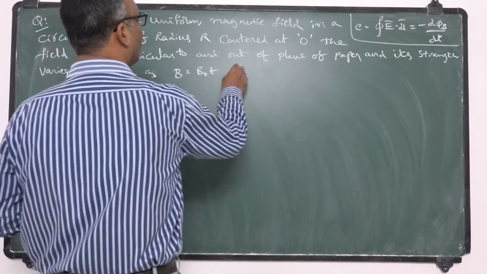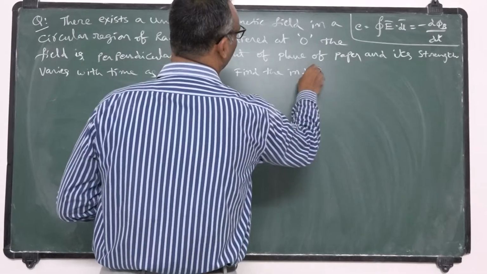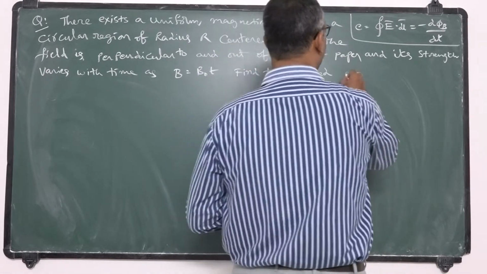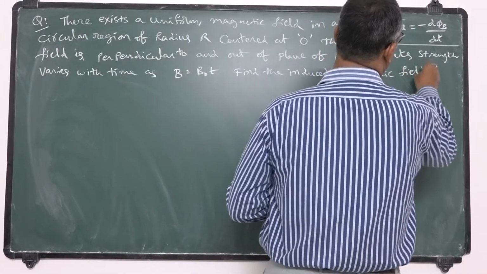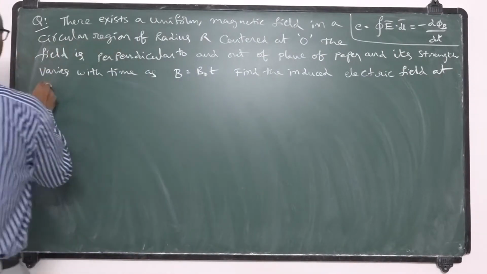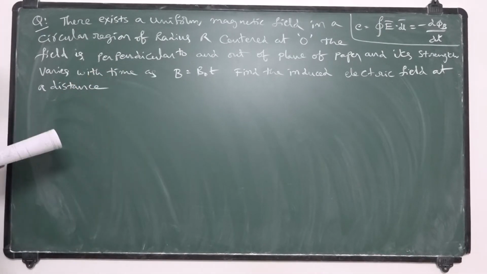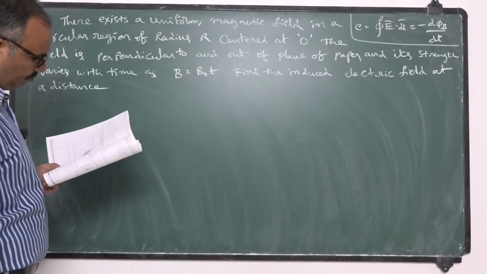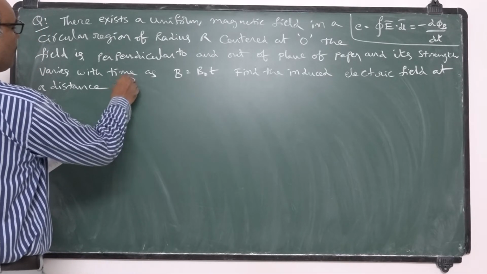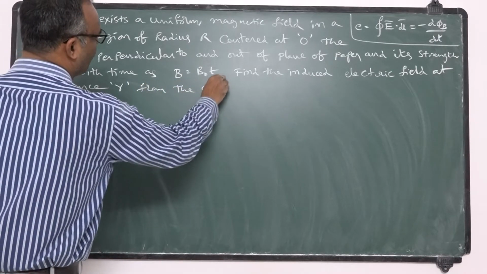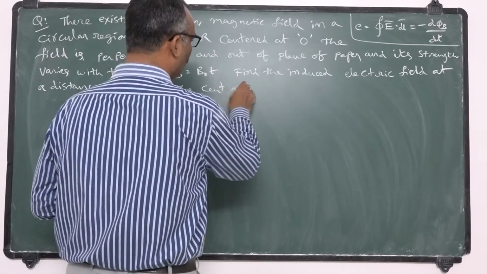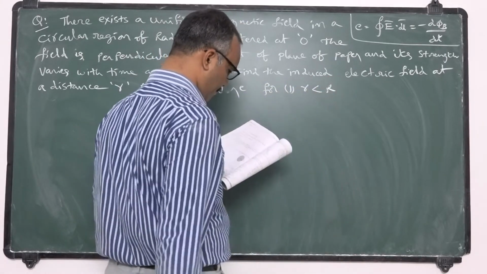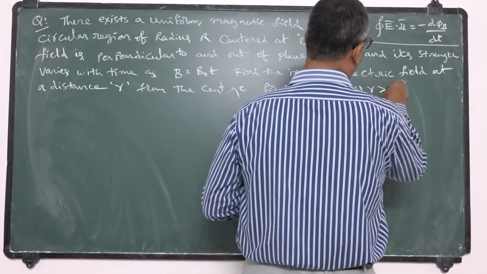Find the induced electric field at a distance small r from the center, for the first case small r less than capital R, second case small r greater than capital R.